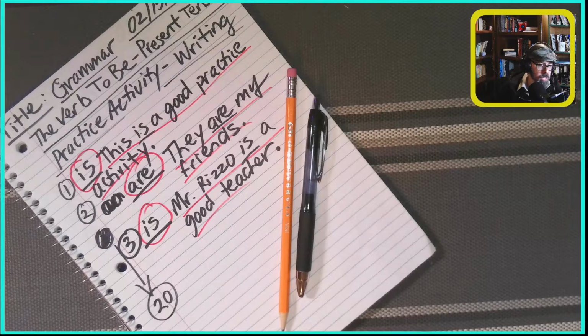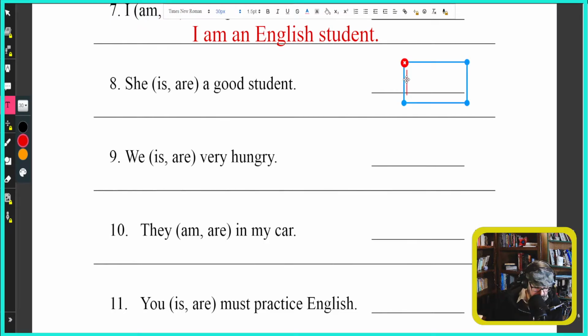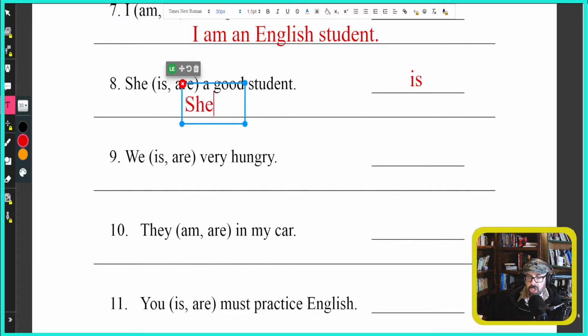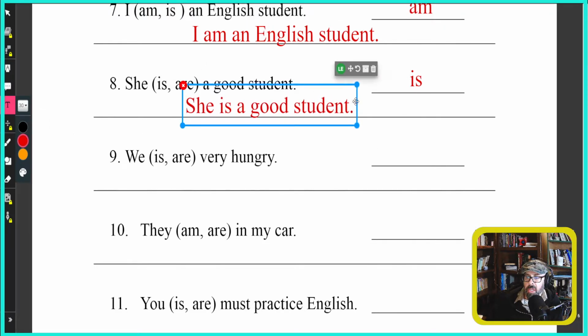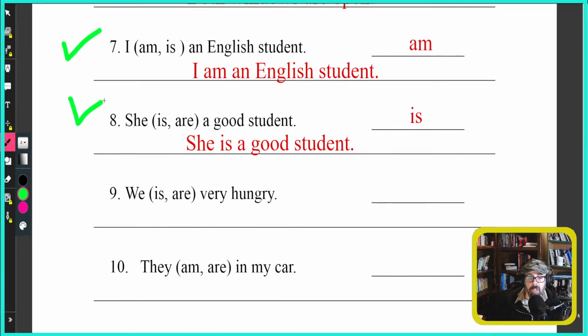Correct answer: she is a good student. Full statement written correctly: she is a good student, period. That takes care of 7 and 8. Number 9.